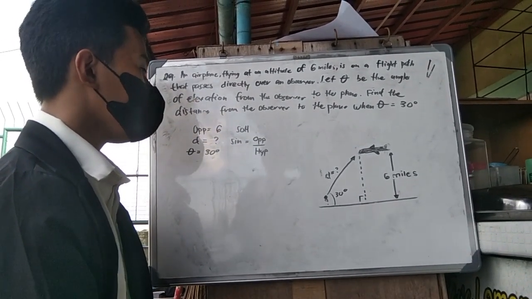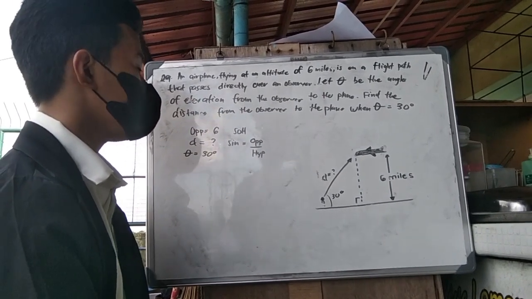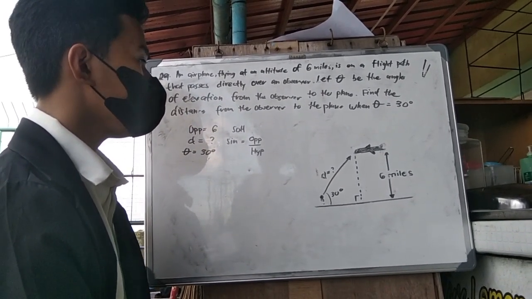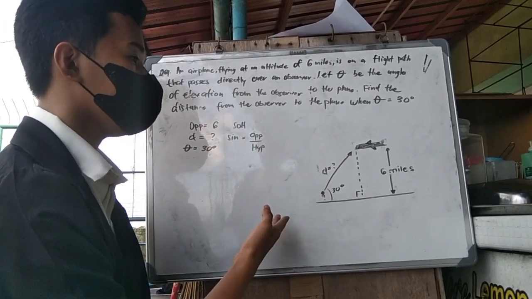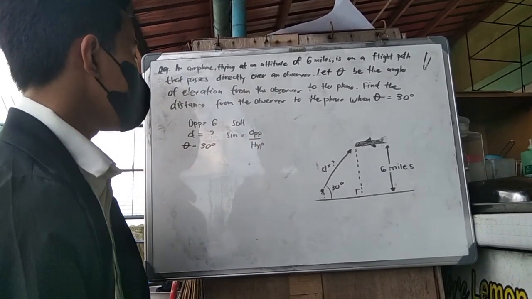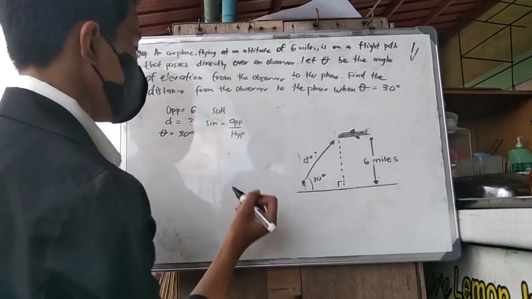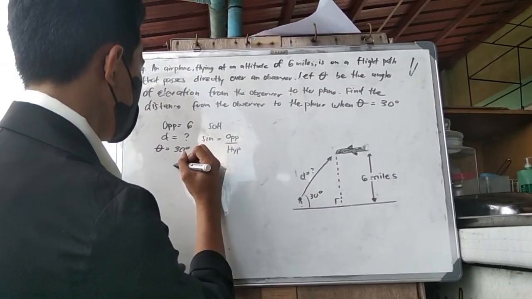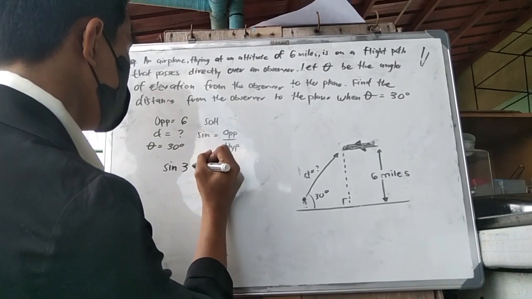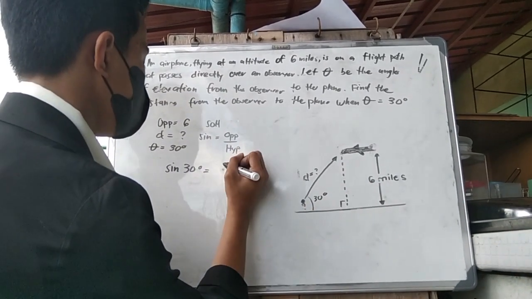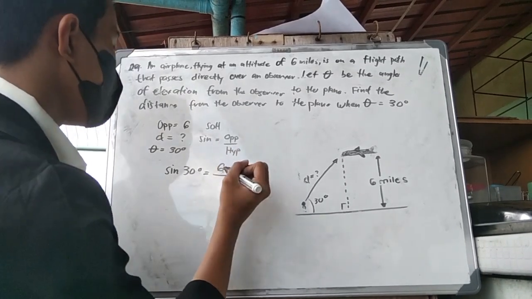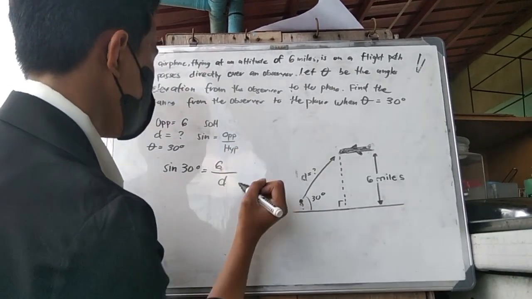In order to find the distance between the observer and the plane, we need to use the formula SOH, or sine equals opposite over hypotenuse. So just substitute all the given. Sine 30 degrees equals the opposite, which is 6 miles or 6, over the hypotenuse, which is missing.